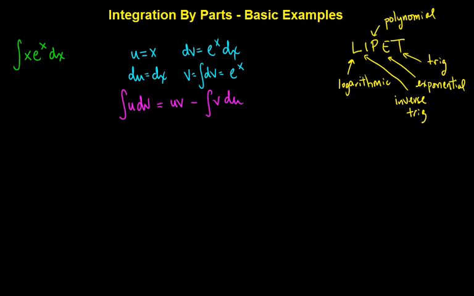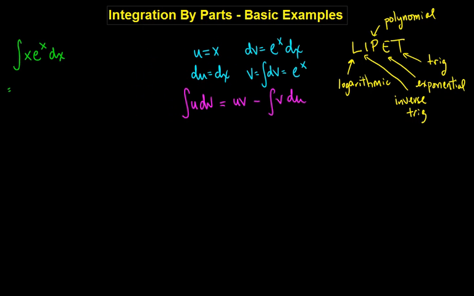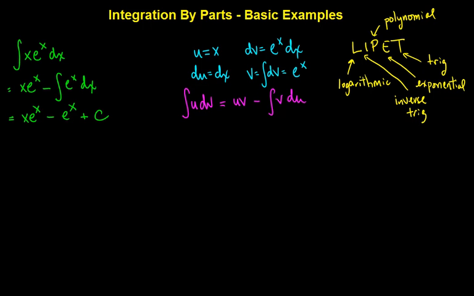And when we do this, we'll see that the integral of x e to the x dx can be rewritten as uv, which is x e to the x, minus the integral of v, which is e to the x, du, which is dx. And you can see that now the integral in our expression is much easier to integrate than x e to the x. And so we end up with x e to the x minus just e to the x plus c.